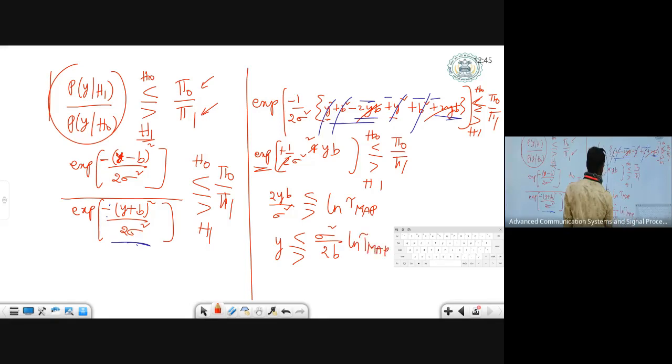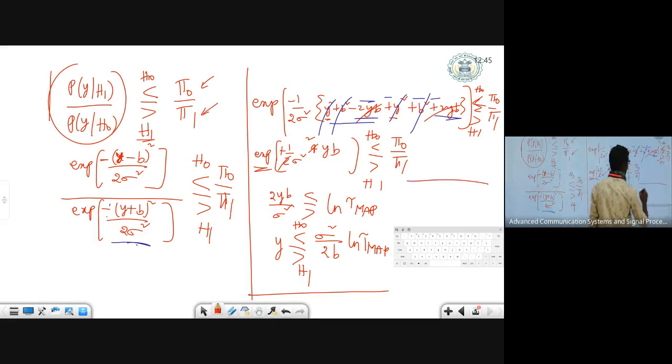So y less than this means h0. The sample which you are taking at the channel output, here you'll be getting y, right? We are going to have one sample per symbol. When I transmit the symbol s0, I'll take one sample, and that sample value I'll compare with this threshold.